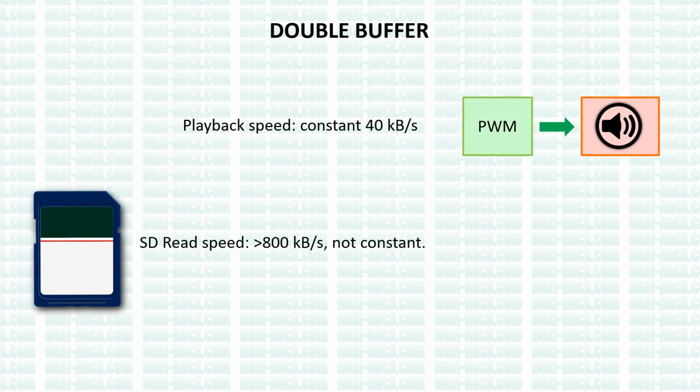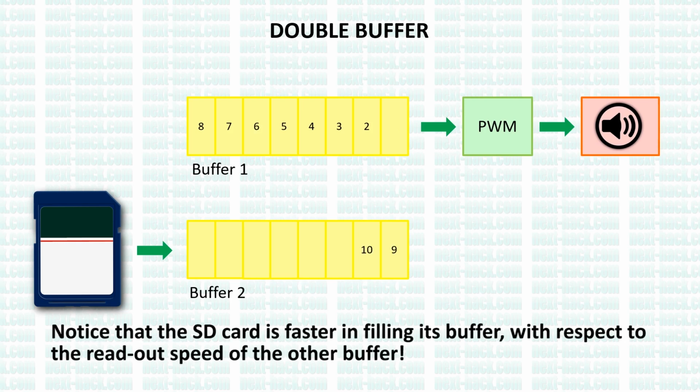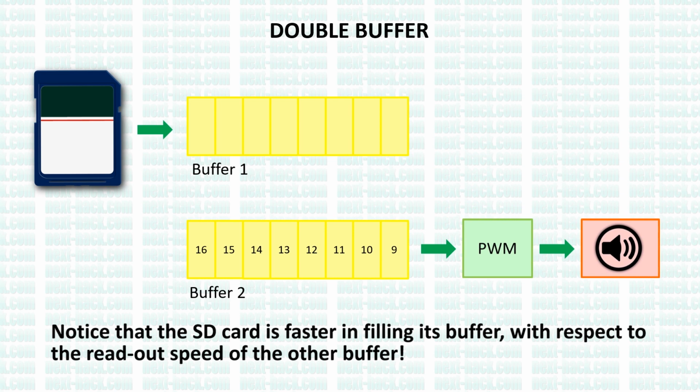Therefore, we use a technique known as double buffering. From one buffer, we send the samples to the PWM units. On the other buffer, we load the next data from the SD card. When we have finished sending all the samples to the PWM units, new data will already be present in the other buffer, as the SD card has a very high transfer rate.